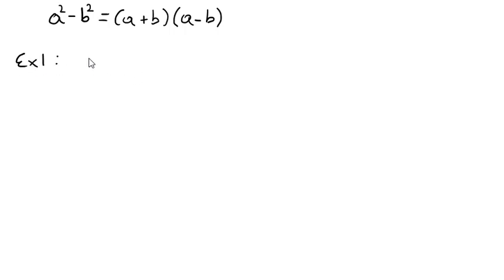So let's start with a simple one, x squared minus 9. First we have to see if we actually do have a difference of squares, if both terms are squares. It is a difference because we see that there is a minus here, but are they both squares?